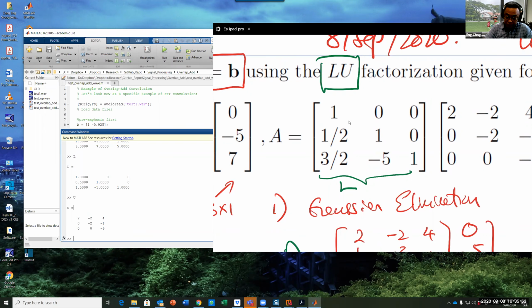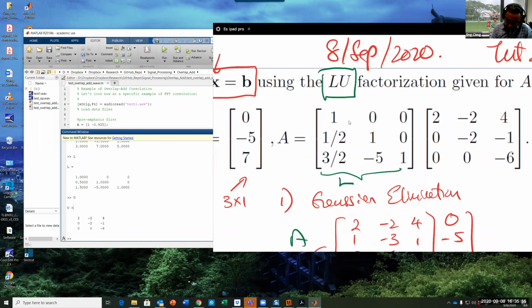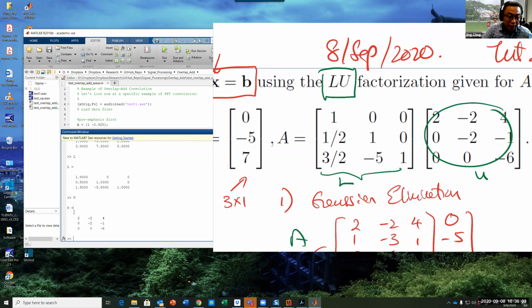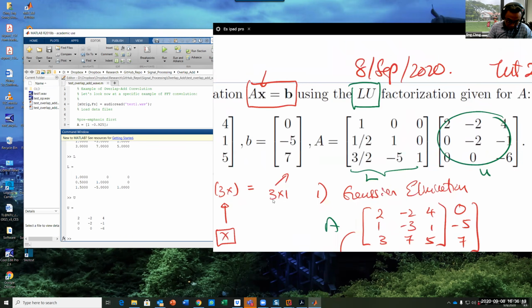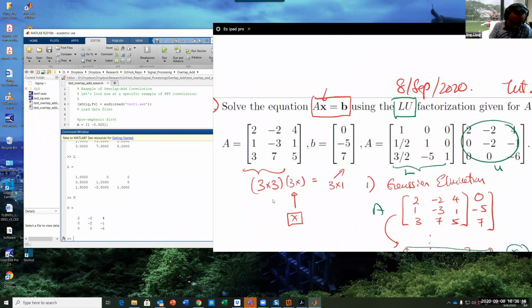So this is the L matrix. We also have the U matrix. The U matrix is the upper triangle matrix. So I've also typed here U: 2, minus 2, 4, 0, minus 2, minus 1, 0, 0, minus 6. So it says that L times U will give you A.